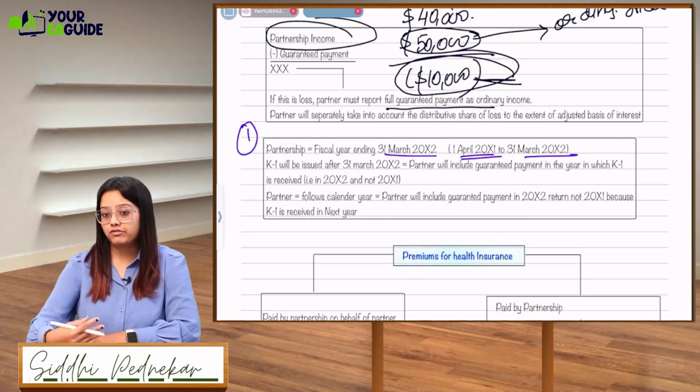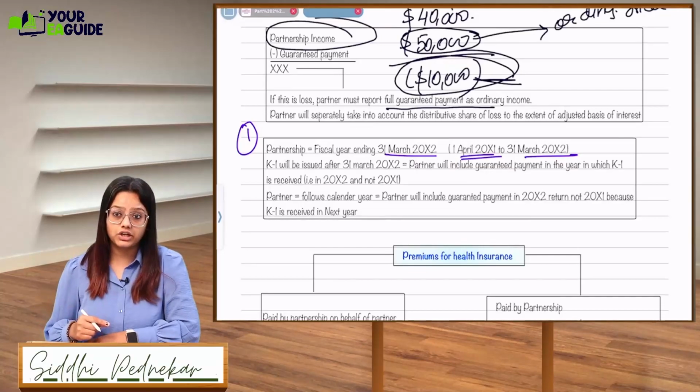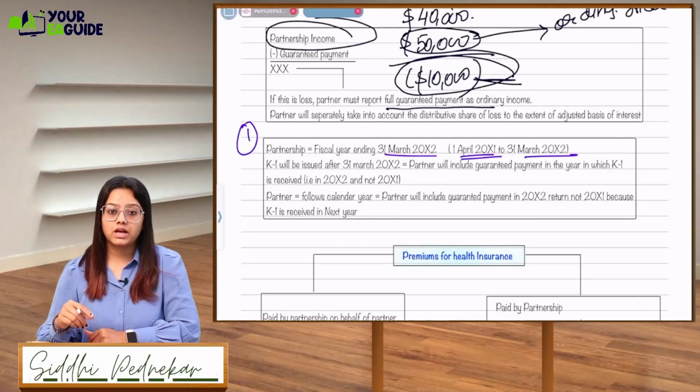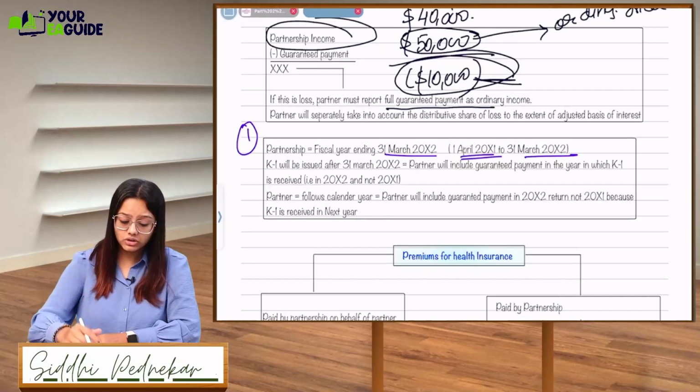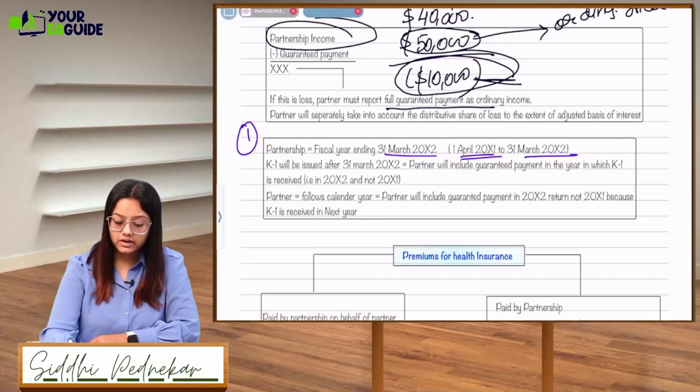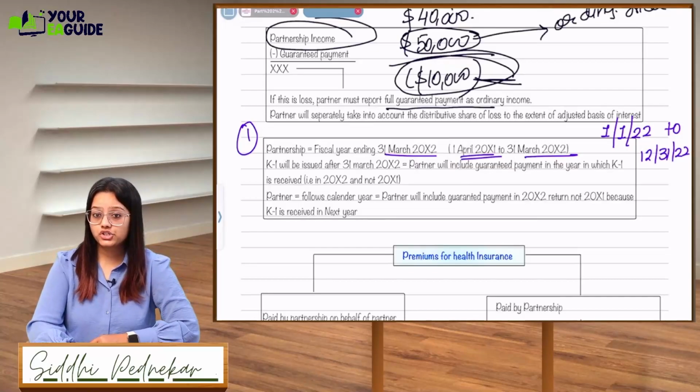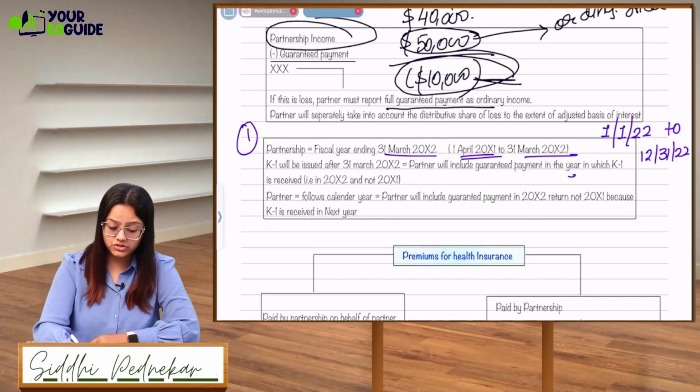In which year will they have to include the guaranteed payment? In the year in which the K1 is received, that is 2022, not 2021. Let's take a partner following a tax year from 1st December 22 to 31st December 22, but the partnership firm follows a tax year from 1st April 22 to 31st March 23.